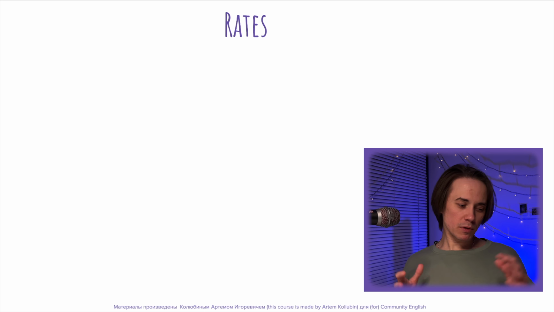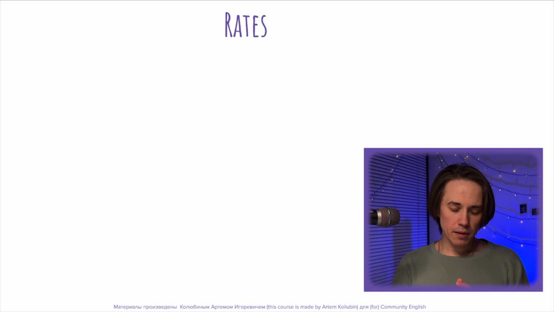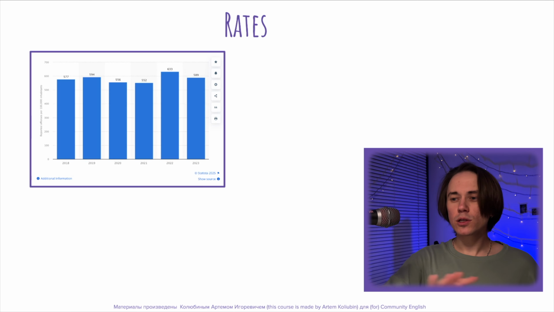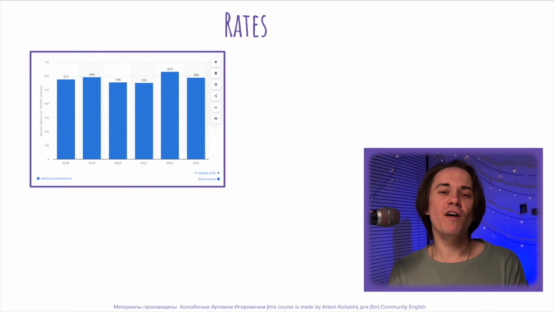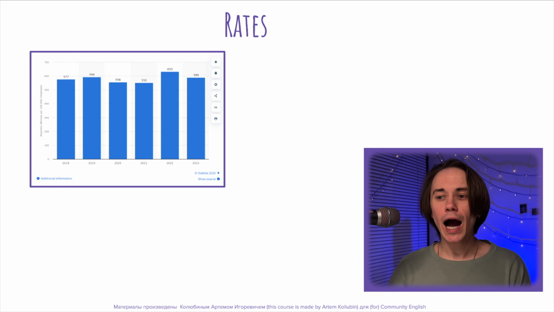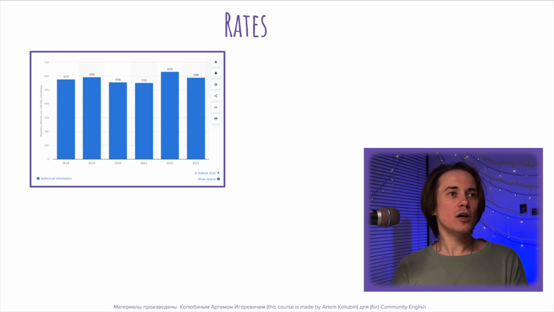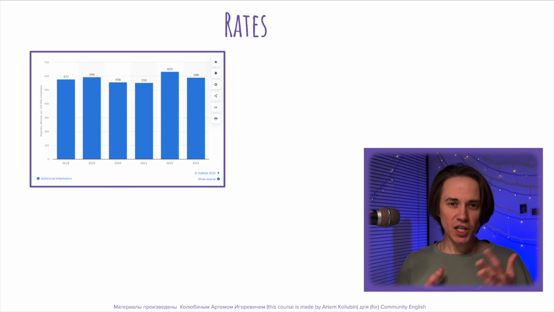So next thing, when we talk about statistics, we usually talk about rates, but it's not always clear what it means, rate. Well, so let's look at this graphic here. So this graphic is the violent crimes in Denmark. And here you can see how many violent crimes were reported per particular number of people.